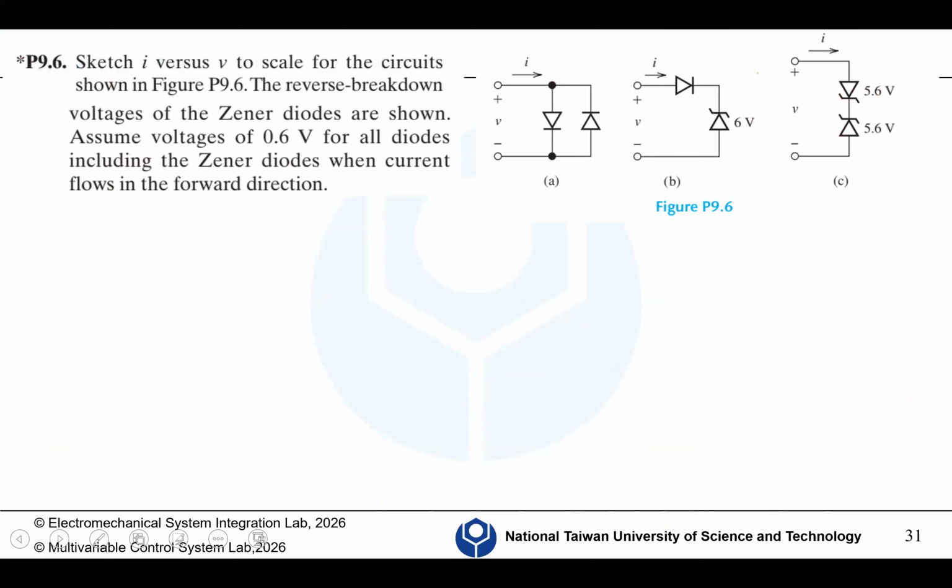We covered this previously. So basically, this is a Zener diode. And this problem asks you to sketch I versus V for this circuit.